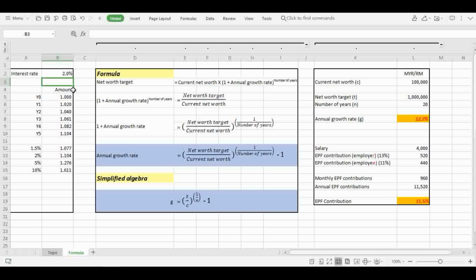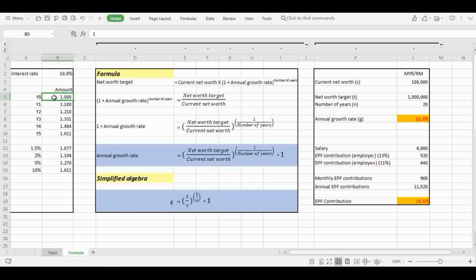So let's say it's a 2%, and at year 5, you will get 1.104 instead of 1.077 in your 1.5% illustration earlier. And let's say assuming you get a 10% return on your investment, at the end of year 5 you will achieve $1.611 for every $1 that you have put in.